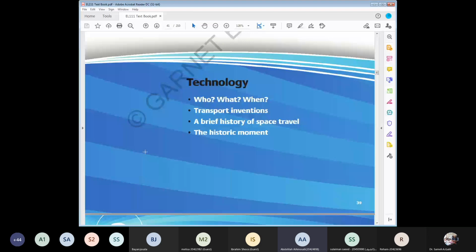Invention is something created, and the inventor is the one who created it. How about discovery? Discovery, something you find out. Yes. So which of them existed or used to exist but you didn't know about?